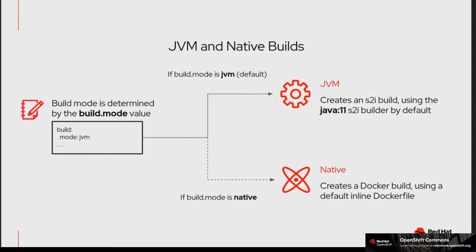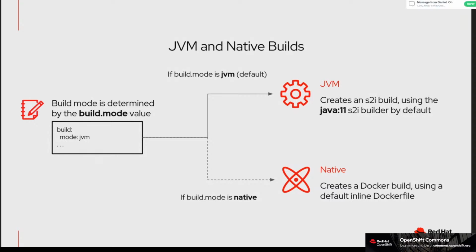So I can say my mode is JVM, and if I say that, Helm is going to create basically an S2I build. It's going to handpick the best S2I builder for it, which is probably Java 11, the one that most people want to use. Of course, you can override that if you want to. And it's going to kick off that build automatically. So it handles a lot of things already for you.